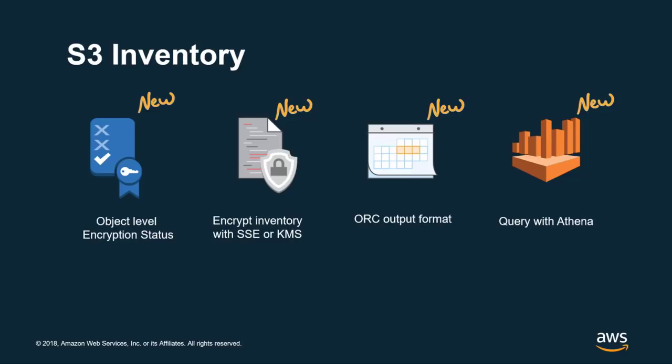It's now output in an ORC format, which really ties into being able to query it with Athena. So you can now have console-level serverless querying of these inventory reports, so you can really get granular in digging down to the object level and writing queries to look for things like objects that aren't encrypted very quickly, very easily.